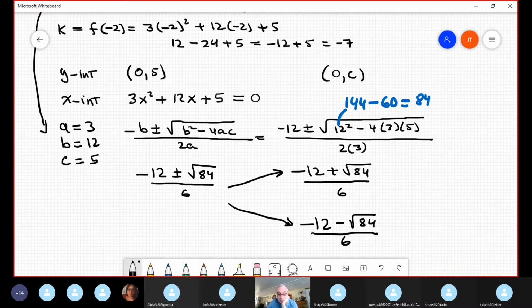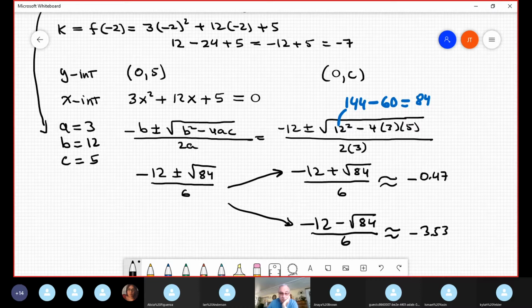I put it in my calculator and compute the approximation using two decimal places, nearest hundredth. The first one is negative 0.47, and the second one is minus 3.53.